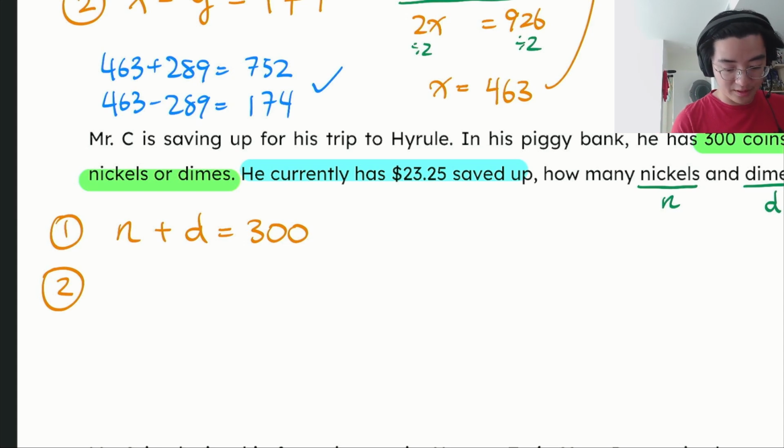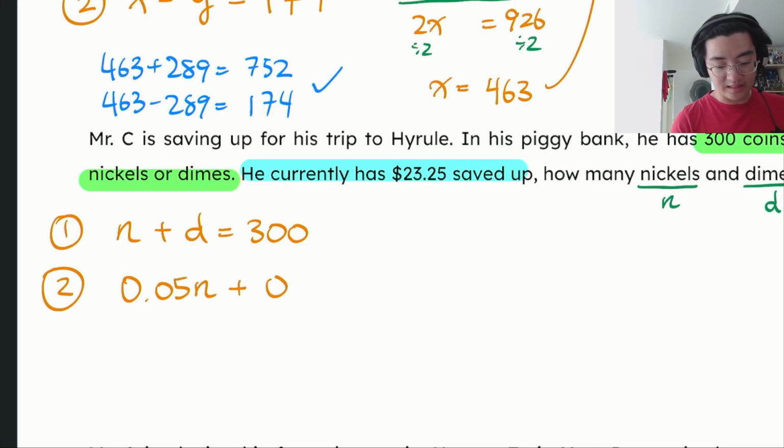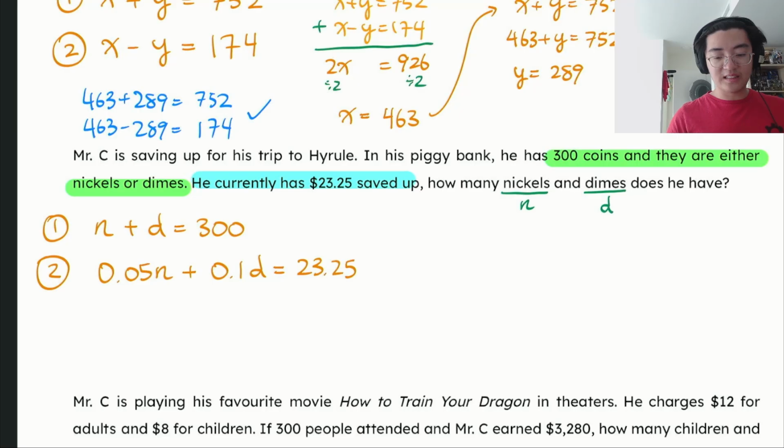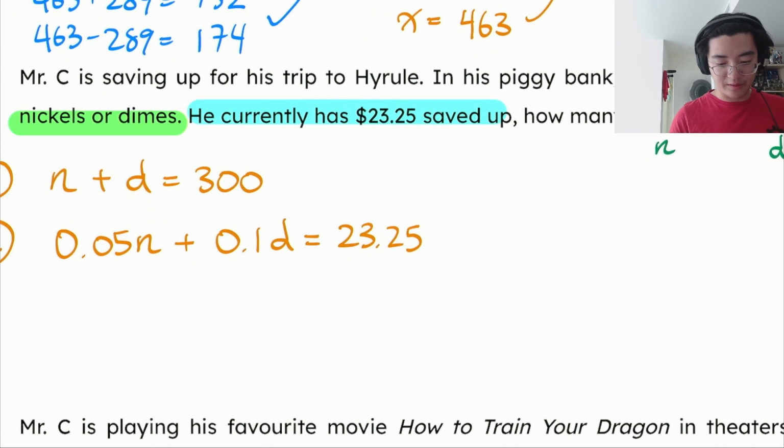If we just multiply each value by the respective number of coins, then we can add it up to check that it is $23.25. Okay, there we go. Once again, a set of equations.